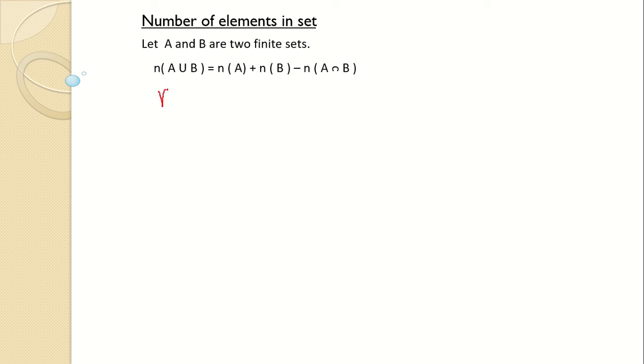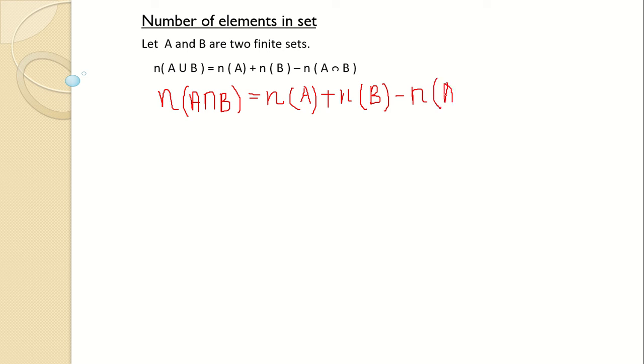So this same formula we can write in this way also: n of A intersection B is equal to n of A plus n of B minus n of A union B.